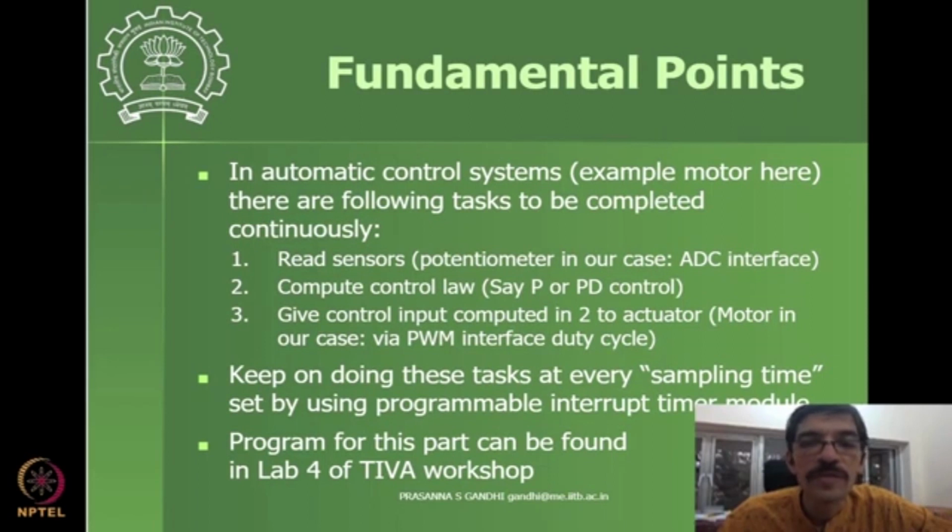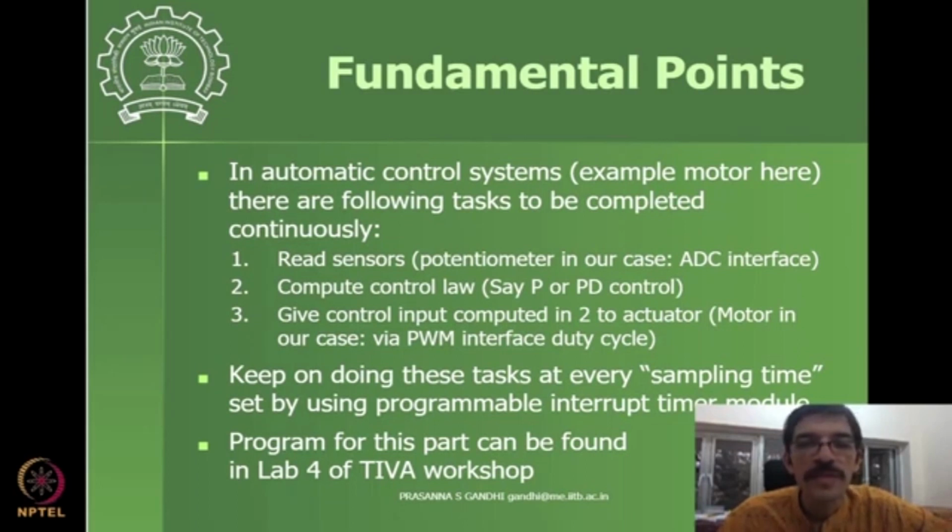How do we give this? We give this via the PWM interface. Specifically, we keep changing the duty cycle depending upon the computed control input in every step of the sampling. So this is running continuously at every periodic time, which is called the sampling time.